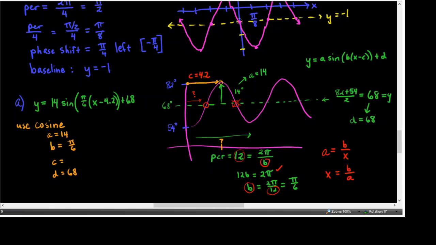So I'm going to shift 7 to the right, which means C is positive 7. So the equation for that, using cosine instead, is 14 cosine of pi over 6 times the quantity x minus 7, which I feel very much more sure about because it's an actual data point, plus 68.